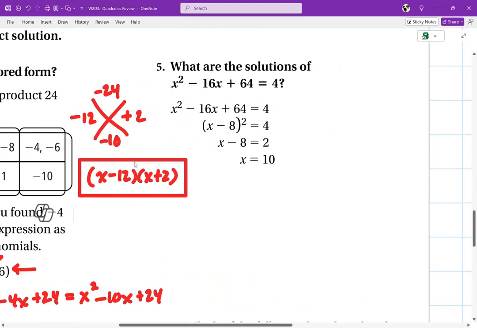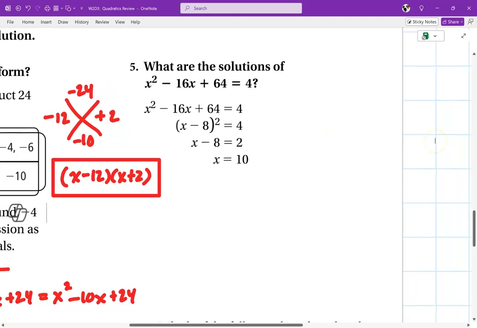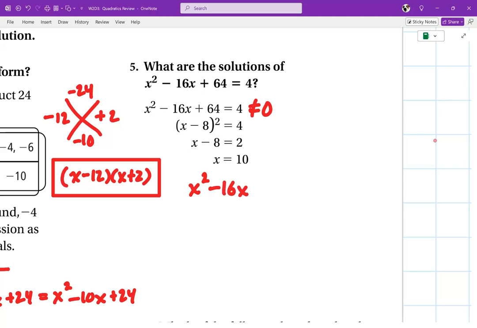Look at question number 5. What are the solutions for that? Well, remember, if you're trying to solve these, you're supposed to set them equal to 0, right? Notice they never set it equal to 0. That's the error. They did all that work by leaving it equal to 4. In order to solve a quadratic, you must set it equal to 0. So in other words, this should have looked like this: x squared minus 16x plus 60 equal to 0, because this 4 should have been brought over.